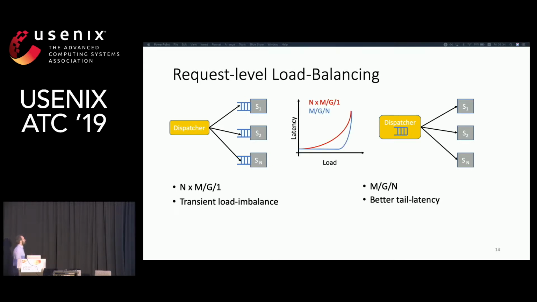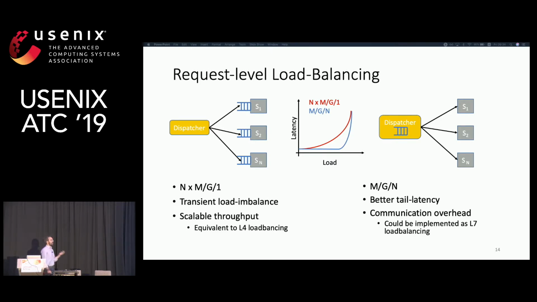From queuing theory, we know that the performance difference between those 2 systems is clear. Because distributed queuing suffers from transient load imbalances, the centralized queuing models perform way better in terms of tail latency. However, when we talk about scalability, the story is different.